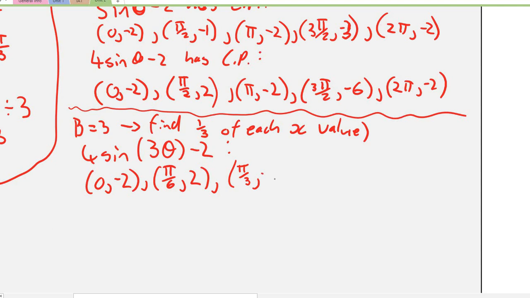Pi on 3. When I divide 3 pi on 2 by 3, what do I get? That is correct. When I divide 2 pi by 3, what do I get? 2 pi on 3, that's it.